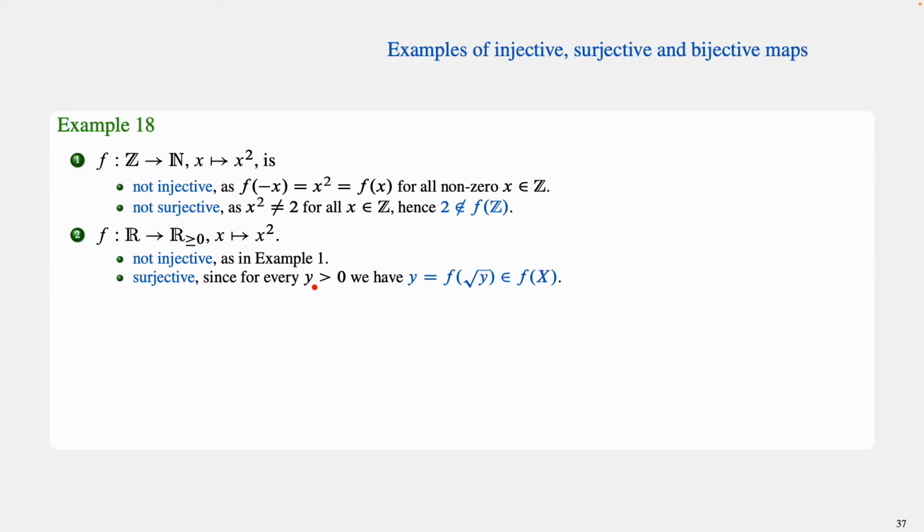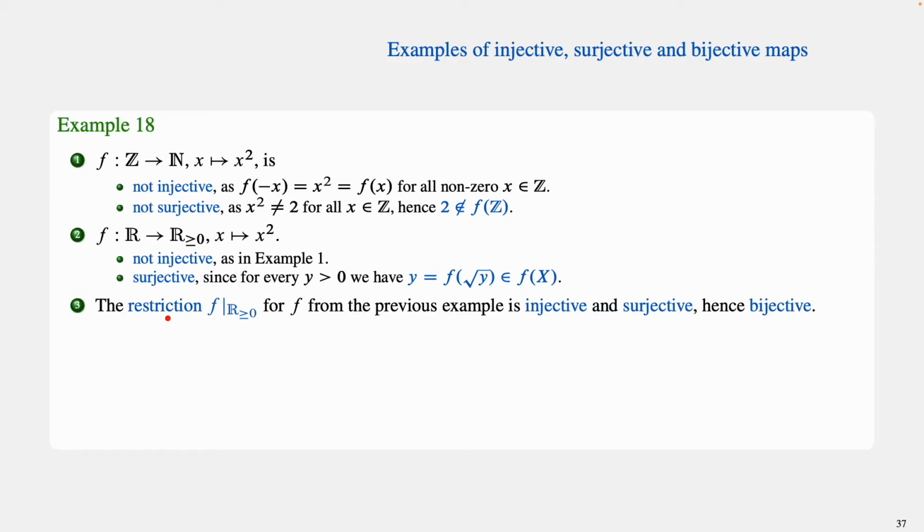And of course, the value 0 is f of 0. Now if we restrict this f only to the non-negative real numbers, then it also becomes injective because this argument from up here does not work anymore because we excluded all the negative numbers. So then it's injective and surjective, and in that case the restriction of the quadratic function to the non-negative real numbers is bijective.